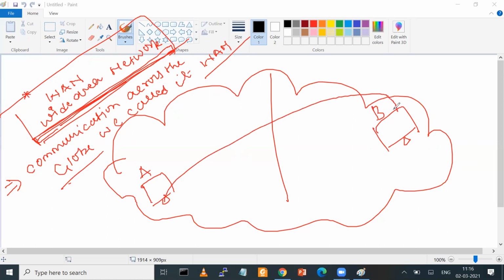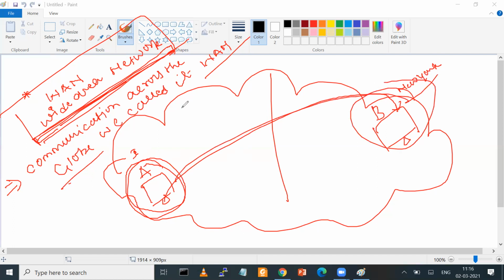So B is far away from A, it is in India and it is in New York. Such a network we called WAN, communication across the globe.